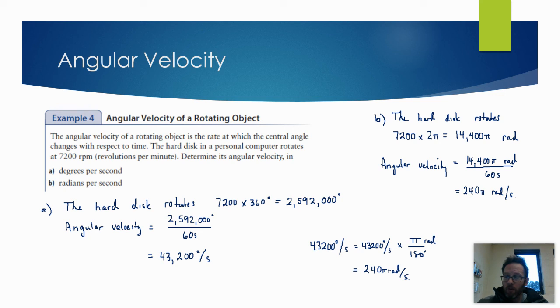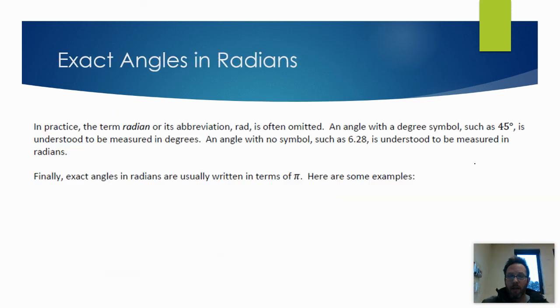Okay, so what have we seen today? We've been introduced to this new way of measuring angles, radians. We defined what it was. We made a whole bunch of comparisons between an angle in degrees and the corresponding angle in radians. We talked about how the radian measurement is often given in exact form as a multiple of pi.